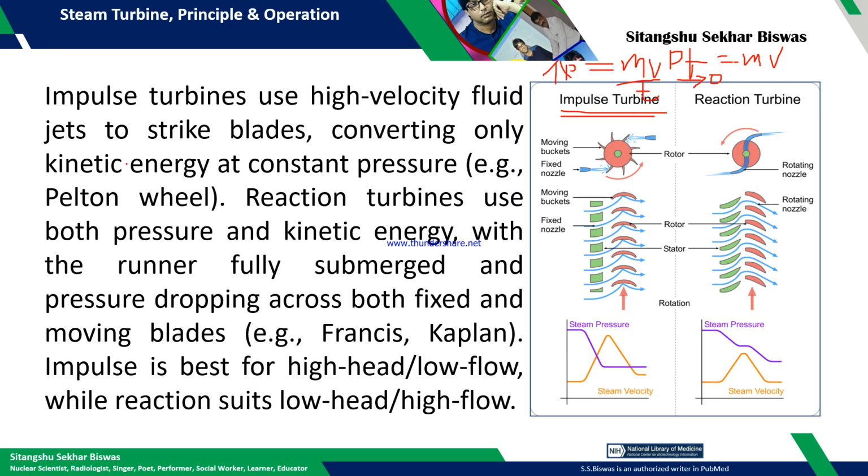Purely impulse turbines, you can say, are the Pelton wheel, and the reaction turbines are Francis or Kaplan. Impulse turbines are best for high head but low flow, whereas the reaction turbines are suited for low head but high flow.